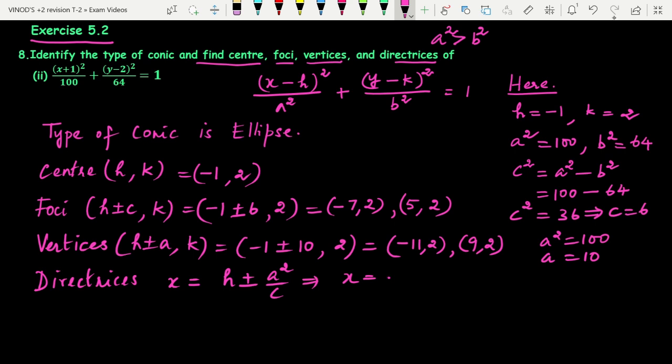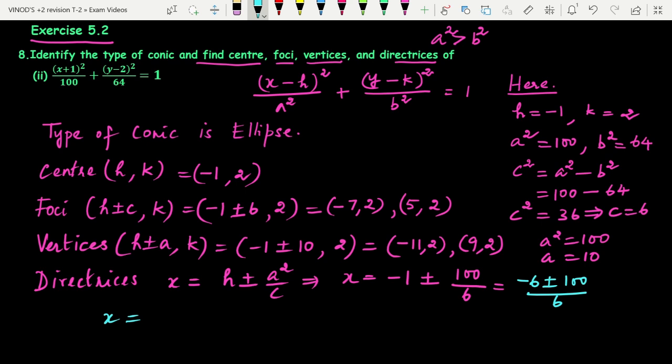So x is equal to: h value is minus 1, a square value is 100, c is 6. So if you take LCM, the right side will be x is equal to −6 ± 100 by 6.